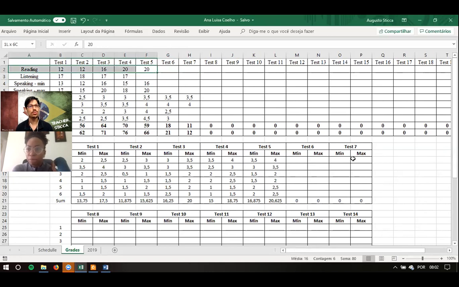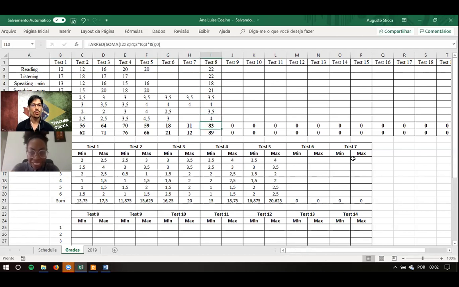You already improved very much in your reading, but your listening keeps on the same grades, you know, and I need this listening to go up. Let me just show you a case. If you take, for example, 22 and 22, it's great. If you take, for example, from 18 to 21, 3.5 to 4.